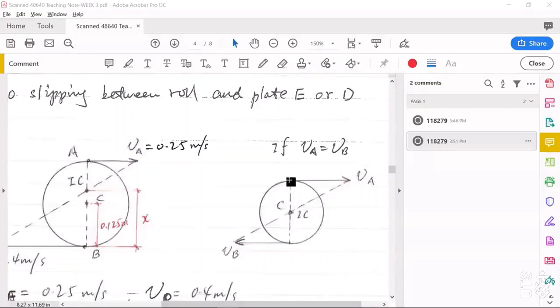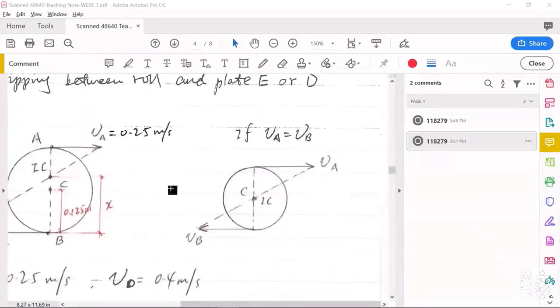If plate E and plate D have the same velocity, sorry, what I mean is their magnitude, not direction, then VA and VB magnitude must be the same, but the directions are different. So in this case, you will find the IC point will be the circle center point C.